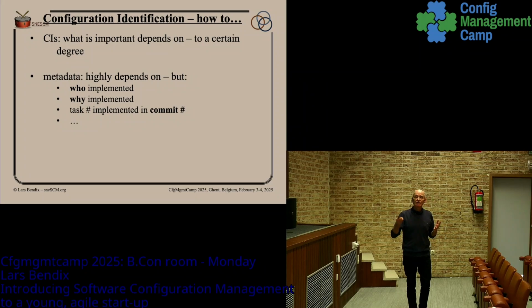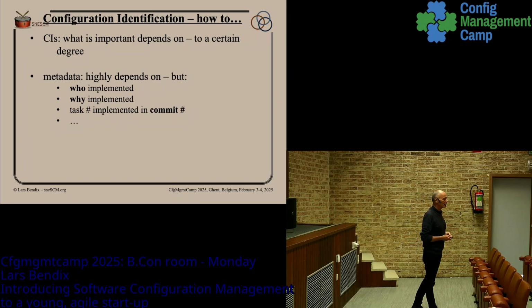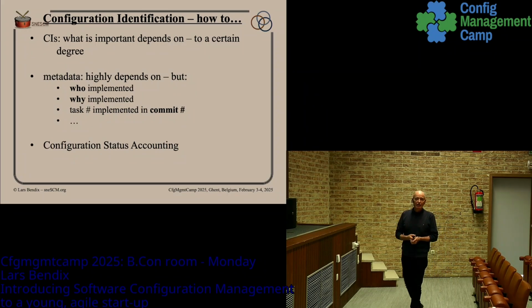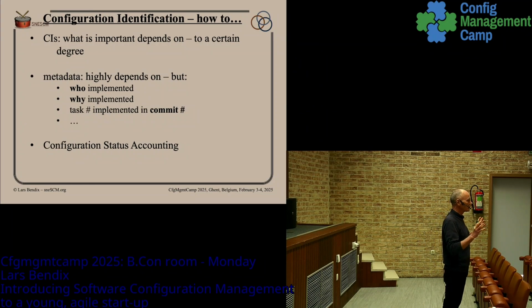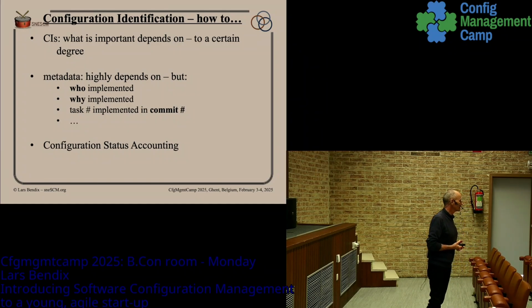So we will have to figure out somehow how we can, from this ecosystem of different tools that are keeping different types of configuration items, create a sort of virtual configuration management database out of that. Now that we have the database, we can introduce one more of the traditional configuration activities, the configuration status accounting.